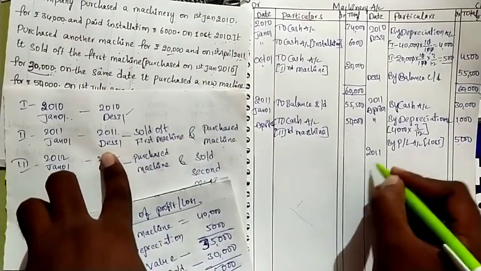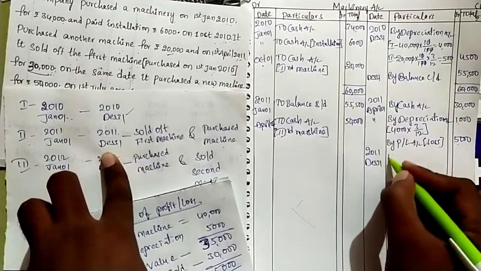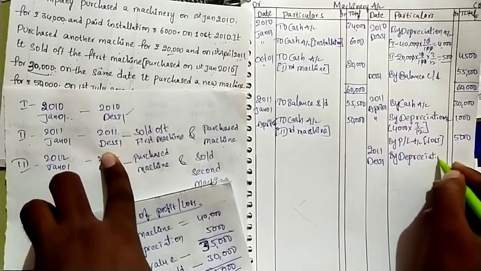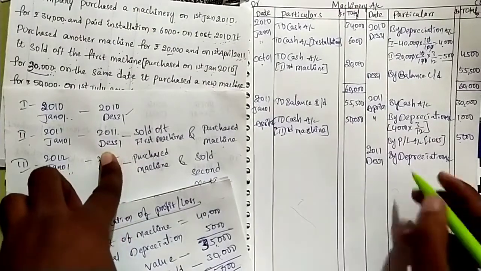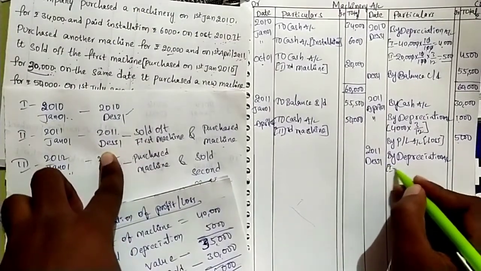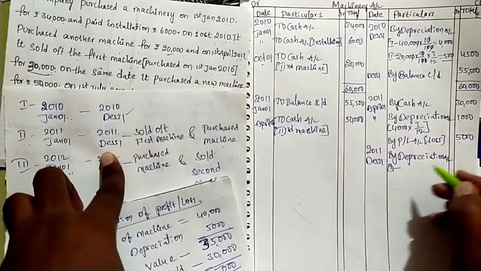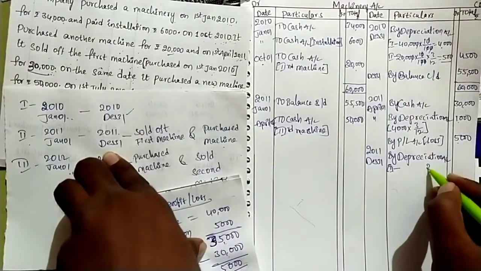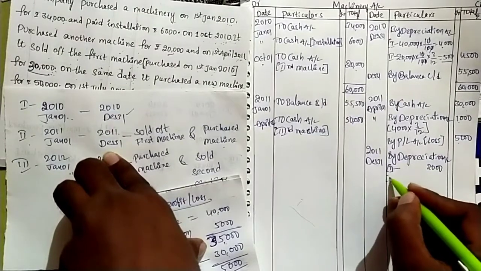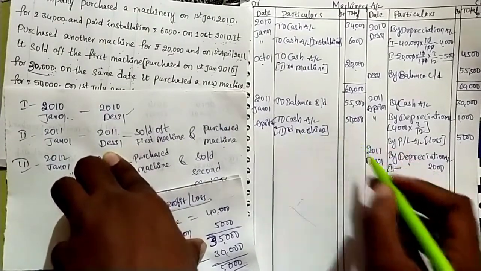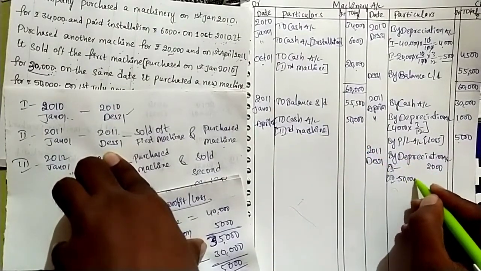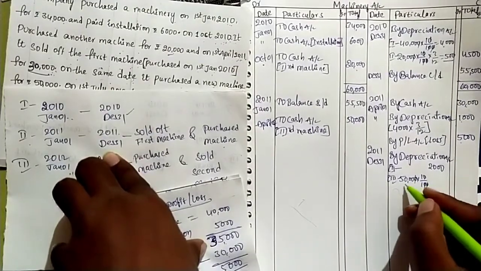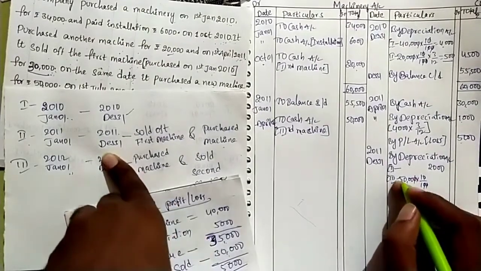2011, December 31st, by depreciation account. See this, for the second machine already we calculated 2,000 rupees depreciation, and for the third machine, what is the value? 50,000 into 10 by 100, 0 cancel, next 0 cancel, 5,000 rupees for the year.